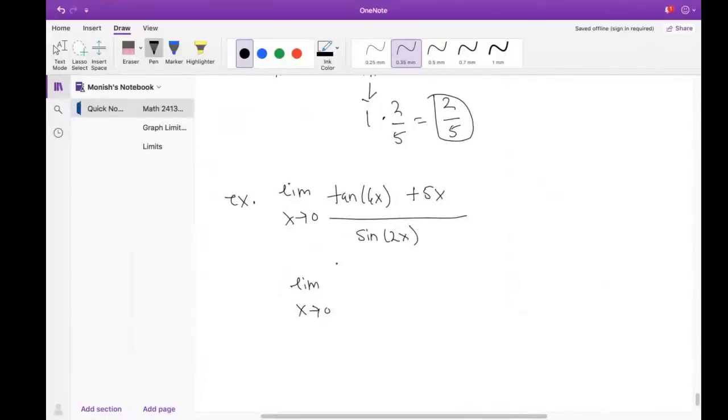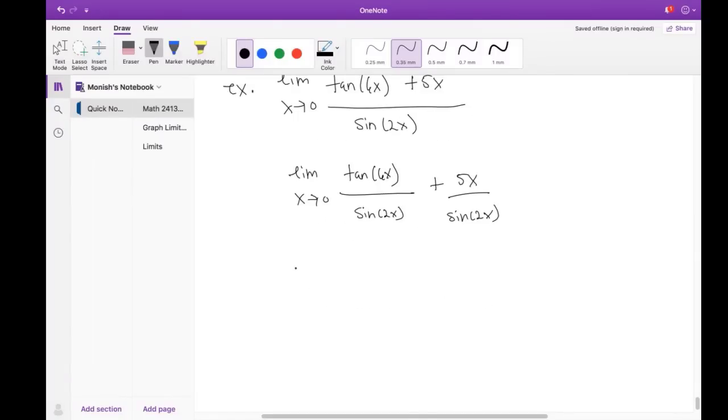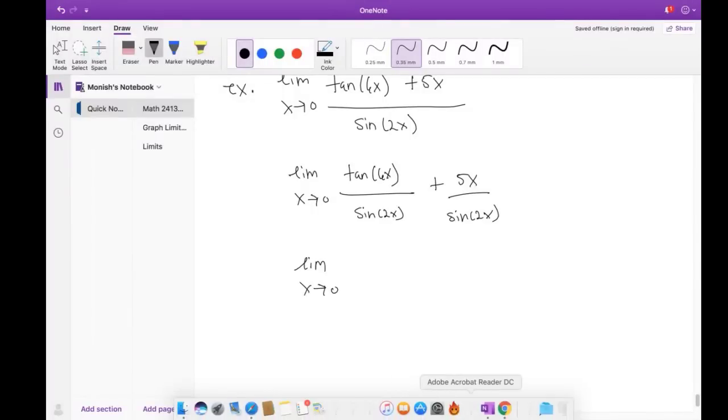Yeah, split it up. And then the next thing you said was to change tan to sine over cosine.